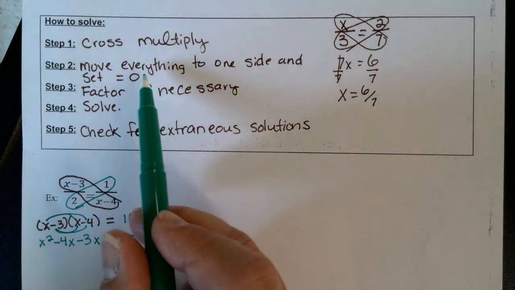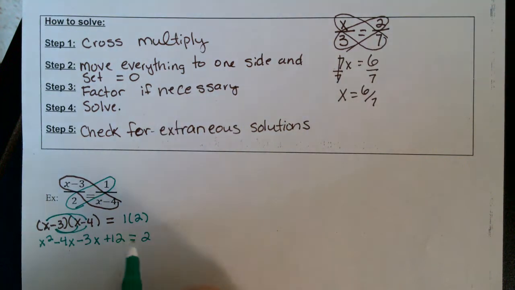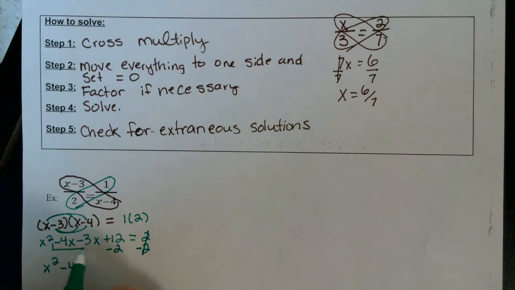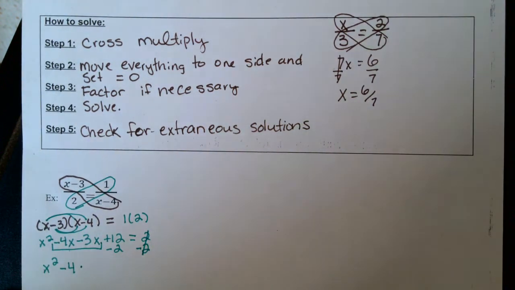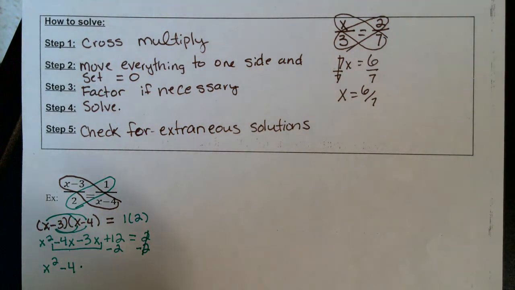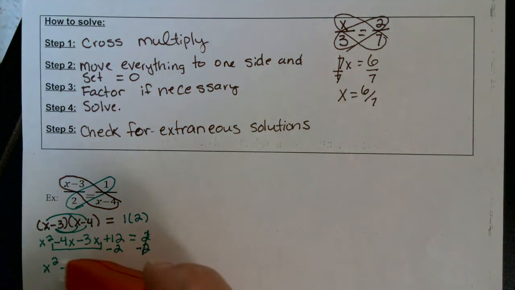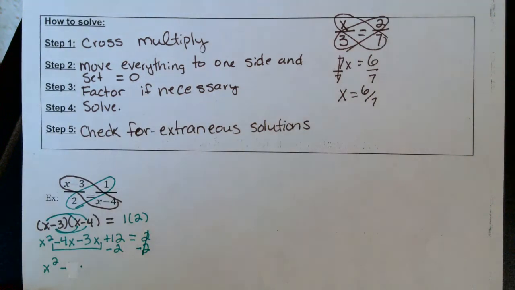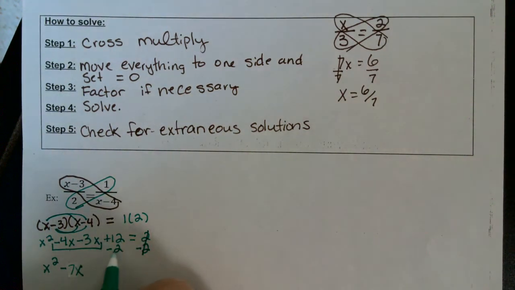So step 2 is move everything to one side and set equal to 0. So I'm going to subtract that 2 here, which gives me x squared minus, I can put my like terms together, can't I? So negative 4x minus 3x is a negative 7x. And then 12 minus 2 is a positive 10.